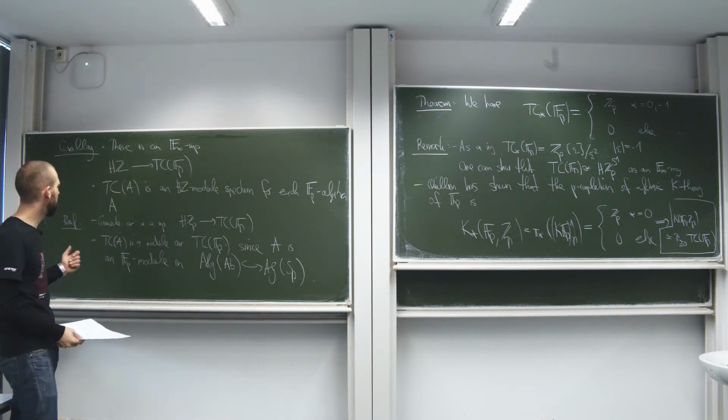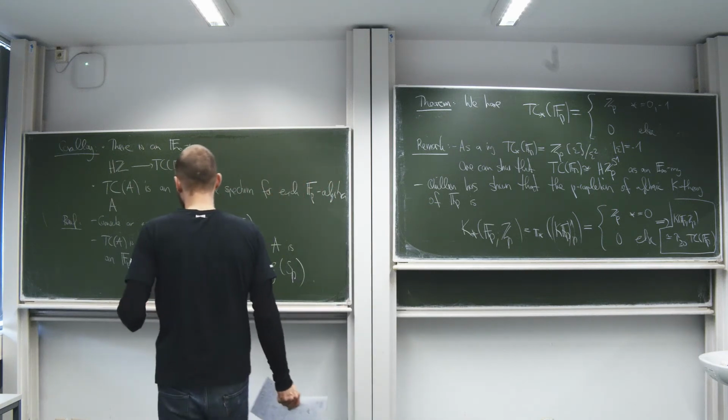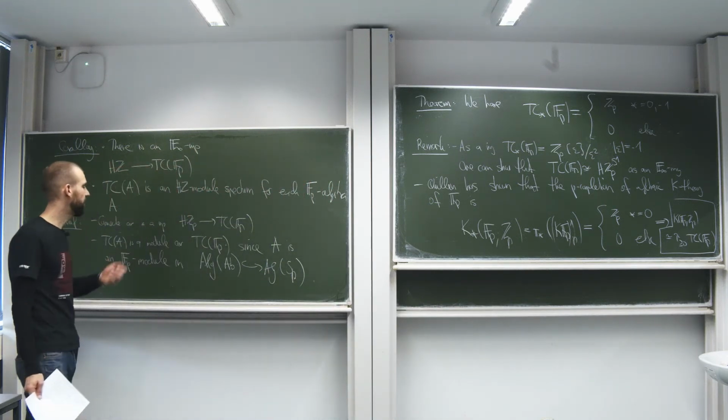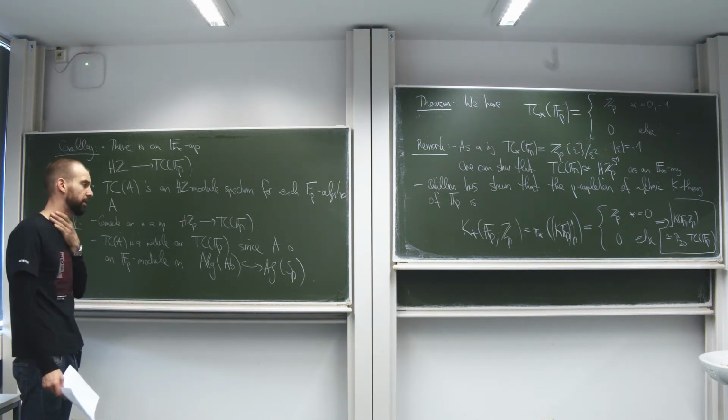And so I didn't even assume that A was commutative. Even if A is not commutative, it's just an Fp algebra, then it follows by lax monoidality of all the functors that TC is an HZ module spectrum.